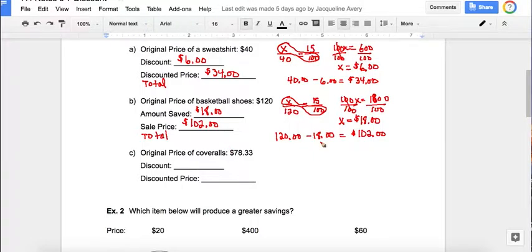Okay, and the last one, part C here. Once again, 15% off, and let me draw little dividers here so you can keep this separated. All right, so we're still using 15%, so 15 over 100. And the price of coveralls are $78.33.